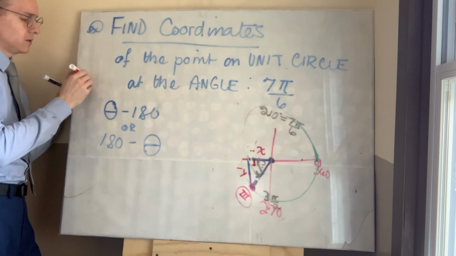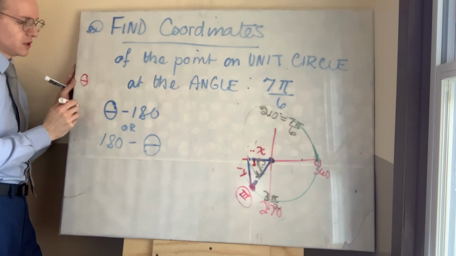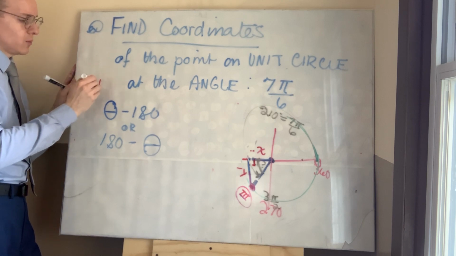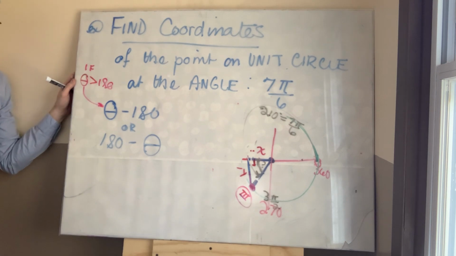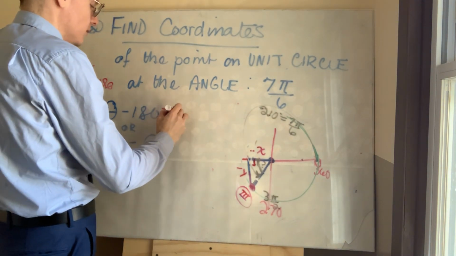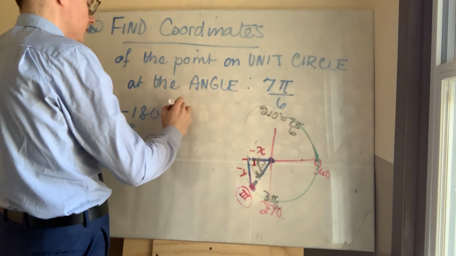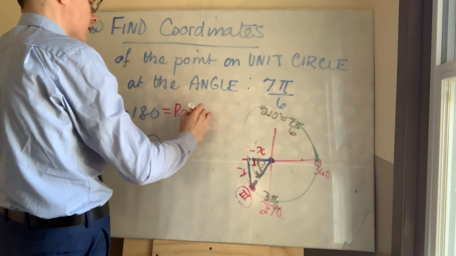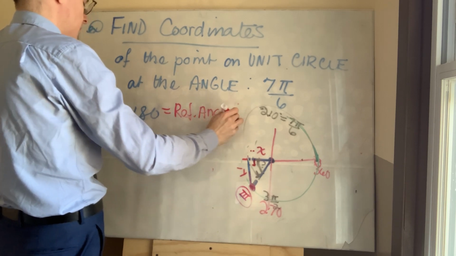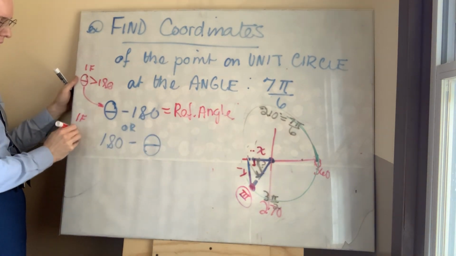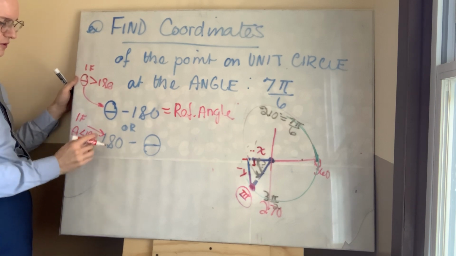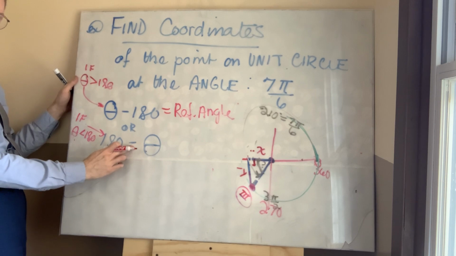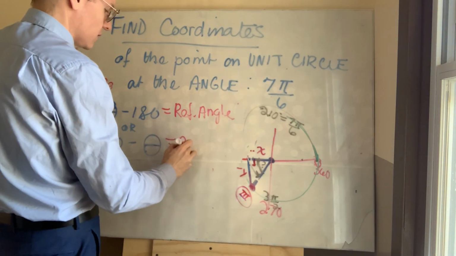If the angle is greater than 180, then do this. This will determine the reference angle. If your angle is less than 180, then subtract from 180, and this will be your reference angle.